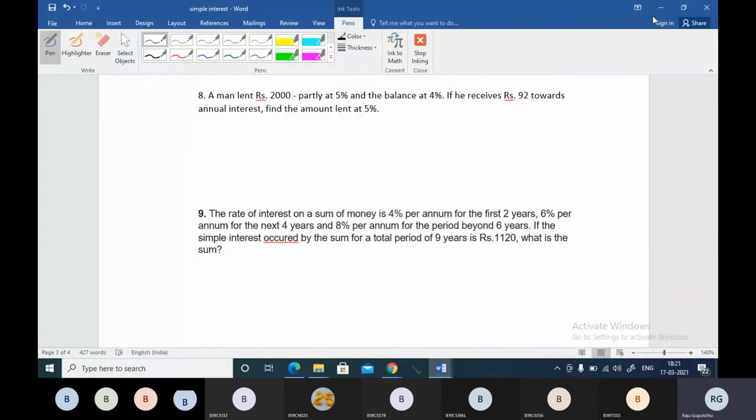Okay. So question number 5 was, you can answer this question like this. For this kind of question, a man lent 2000 partially at 5% and the balance at 4%. Consider x as the one amount and 2000 minus x as the another part, and you can apply PTR by 100 here.